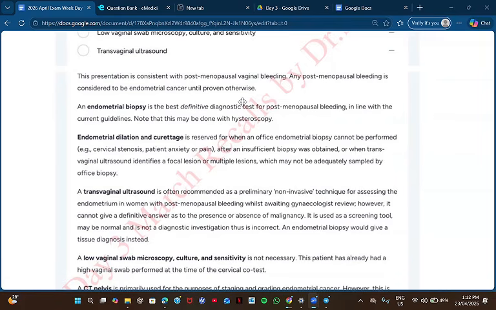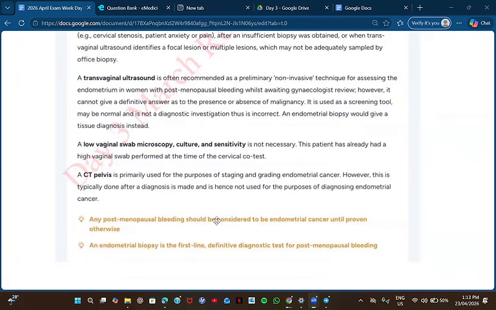So, endometrial biopsy is the definitive diagnostic test for postmenopausal bleeding in line with the current guideline.